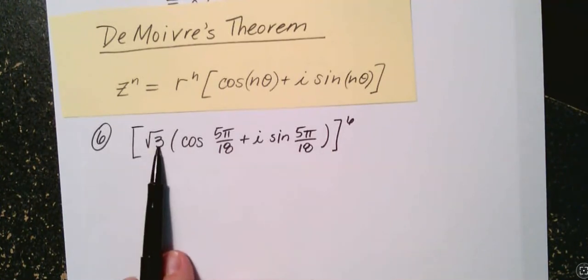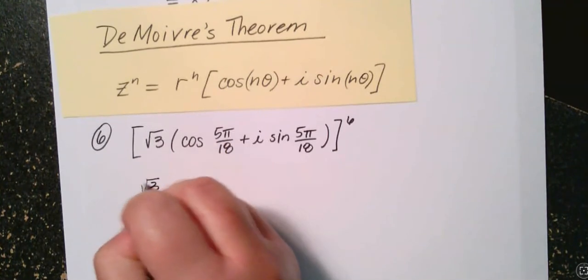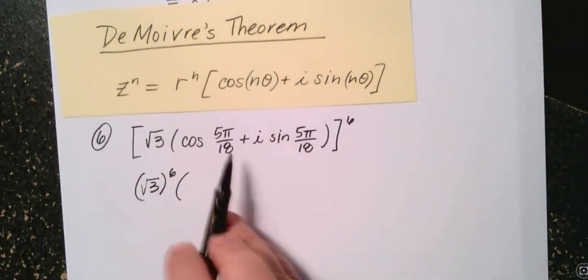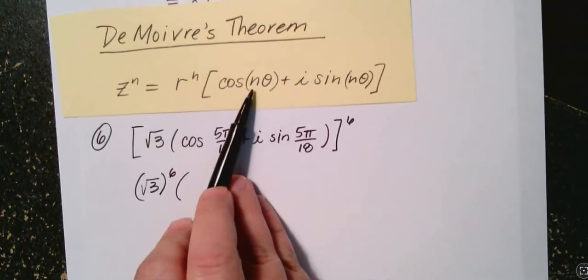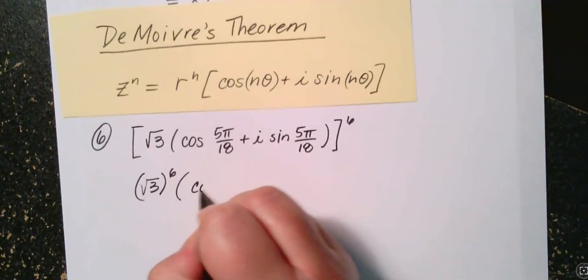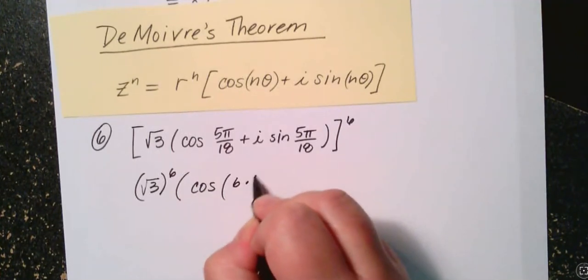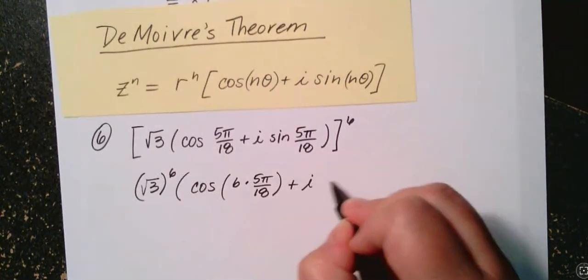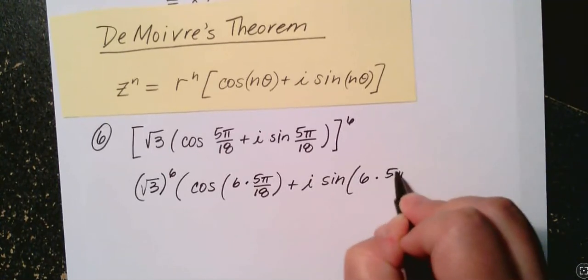So I'm going to take the radius and I'm going to raise it to the 6th power. And then I'm going to take my arguments, and I'm not going to raise them to the 6th power. I'm going to multiply them by 6. So this is cosine of 6 times 5 pi over 18 plus I sine 6 times 5 pi over 18.